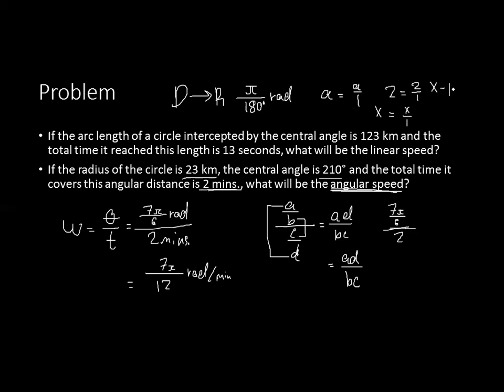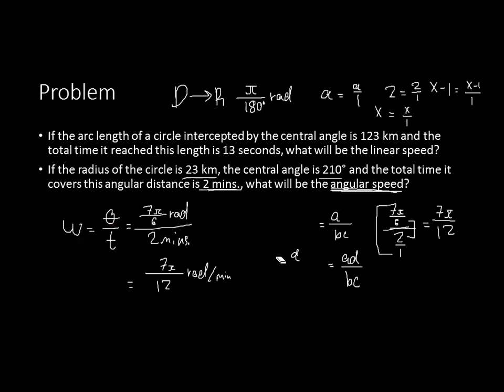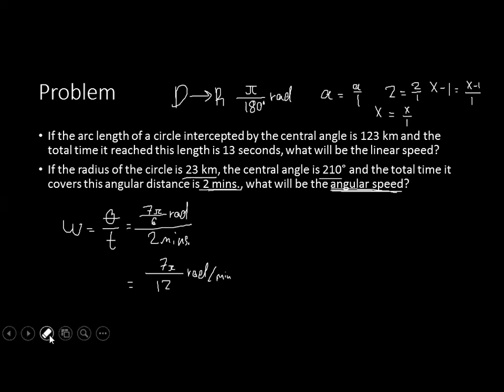And lastly, if I have X minus 1, it's the same as X minus 1 all over 1. So therefore, these two can have an invisible denominator of 1, and we can now simplify this one. 7 pi times 1 is 7 pi, that will be your numerator. And 6 times 2 is 12. And that's it, guys. Actually, I should not have discussed this because this is basic, but to those who have no idea, at least I'm helping you. So yeah, that's the exact answer.